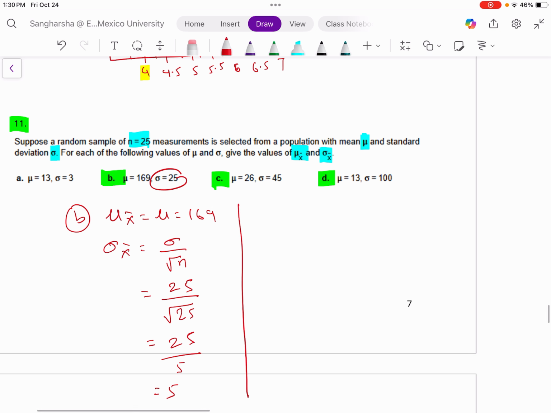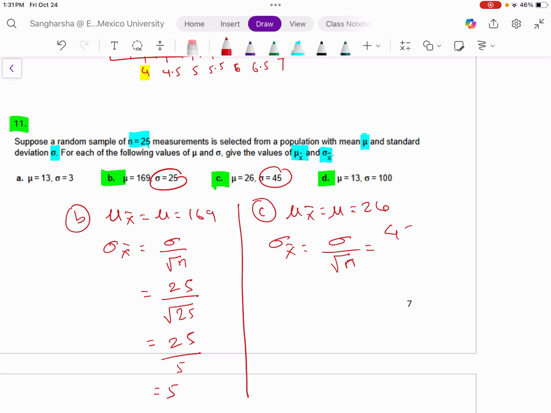Similarly for C, mu of x bar equals mu, which is 26. Sigma of x bar is sigma divided by square root of n. Sigma is 45 divided by square root of 25, which is 45 divided by 5, which is 9.